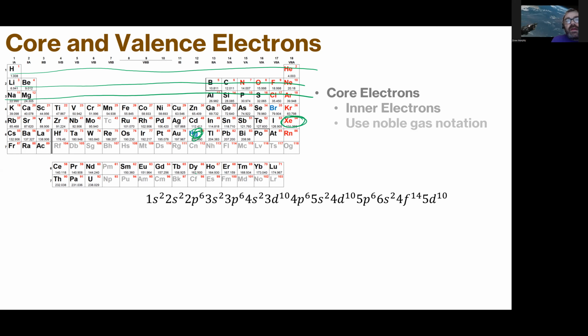Then all of these atoms in this row, which includes these guys, look like xenon in the beginning, but then have a different number of other electrons. So we can abbreviate all of this, right? This business here is the same thing as xenon. This is what we call the noble gas core.